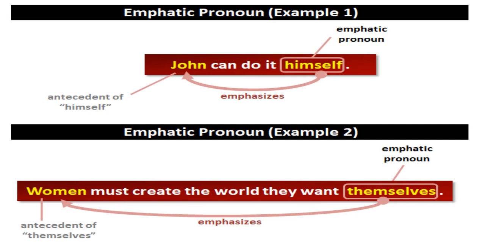In the second sentence, women must create the world they want themselves. Themselves again is pointing to the noun women. That is, it emphasizes the word women. They have to create the world they want themselves.